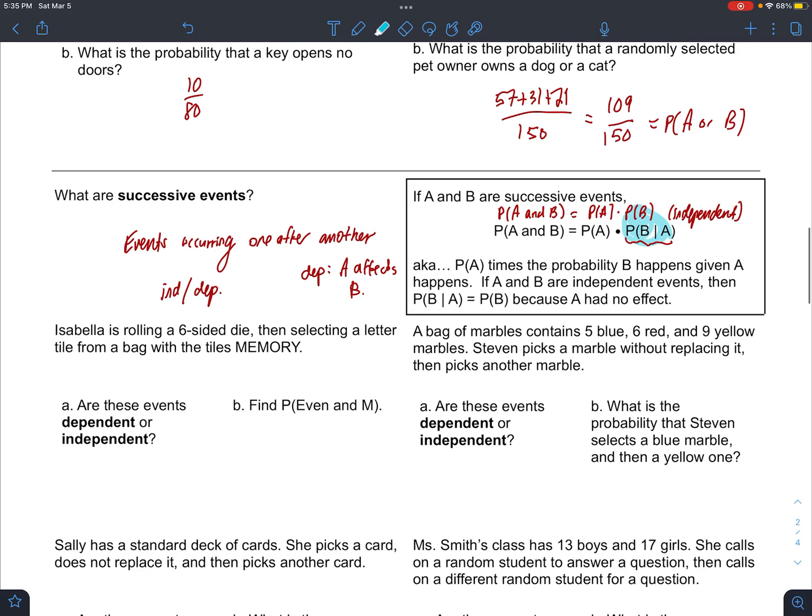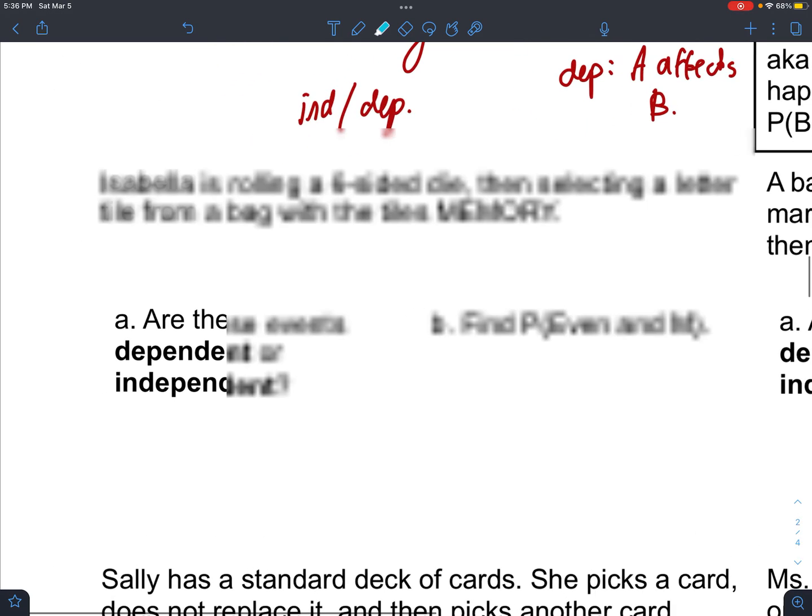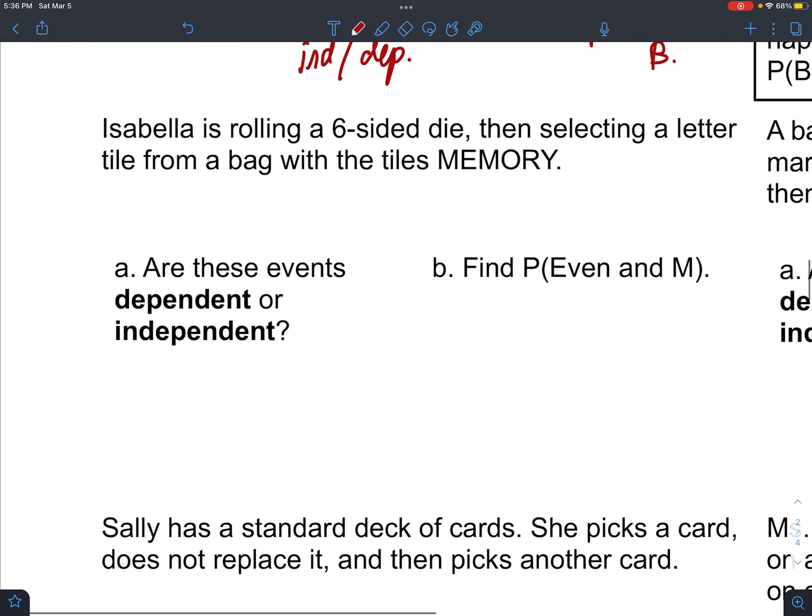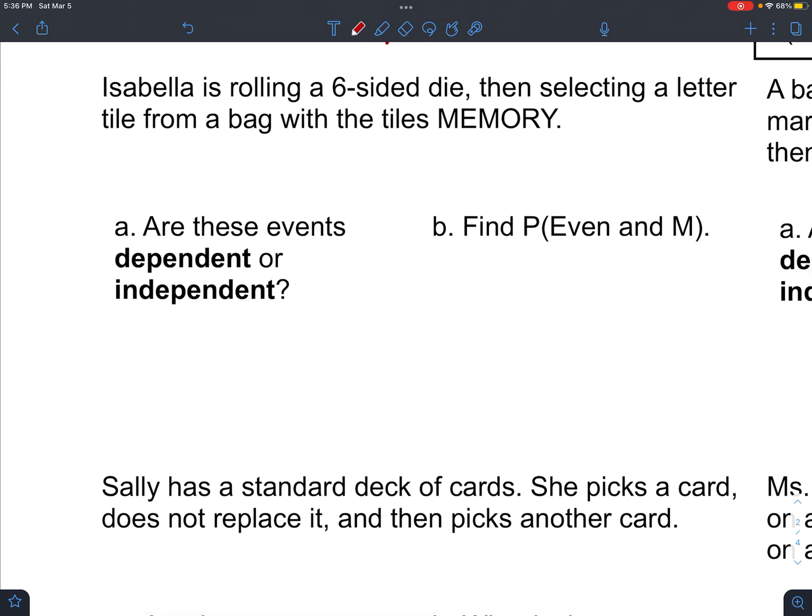Okay, so we'll go back to that box at the end and restate what we learned after doing these examples. So Isabella is rolling a 6-sided die and then selecting a letter tile from a bag with the tiles spelling "memory" in it. So are these independent? Well, the die and picking a tile have nothing to do with each other.